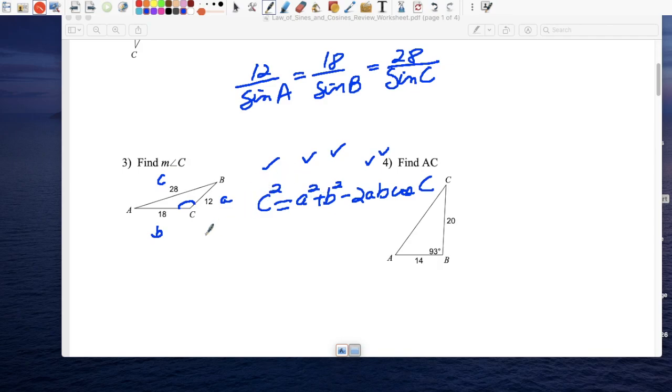Let's substitute, so we get 28 squared equals 12 squared plus 18 squared minus 2 times 12 times 18 cosine of angle c.